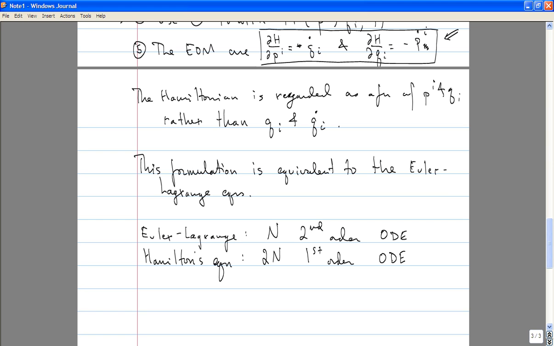So that's exactly what we're doing here. So conceptually, the formulations are completely equivalent. And in particular, there's the exact same amount of initial data required to specify a solution.